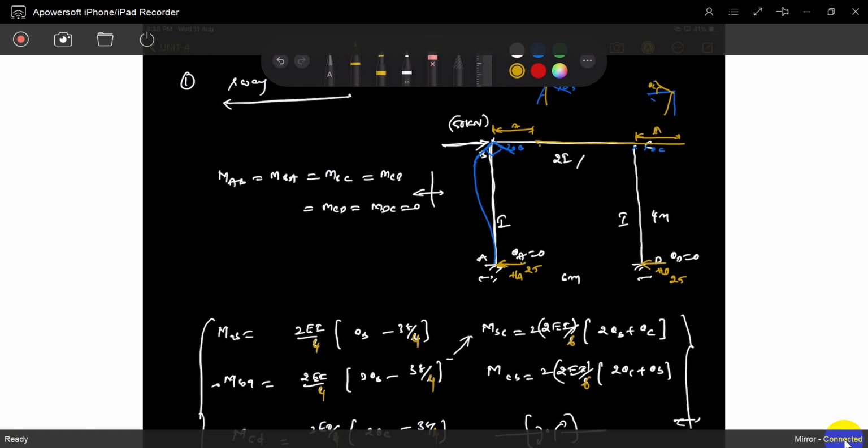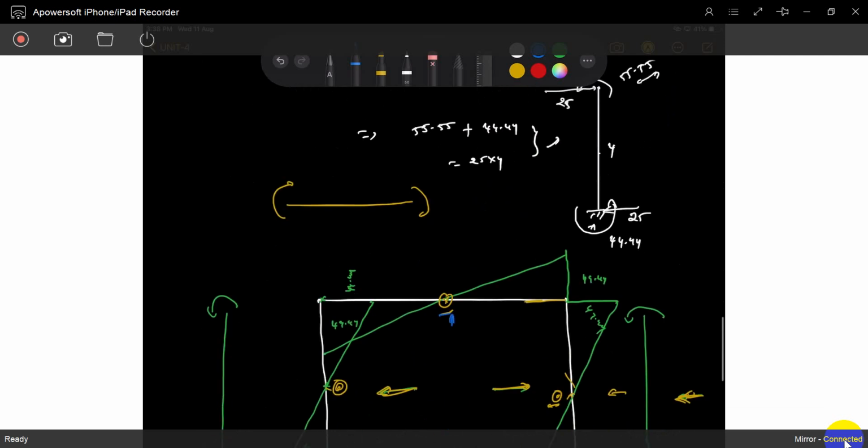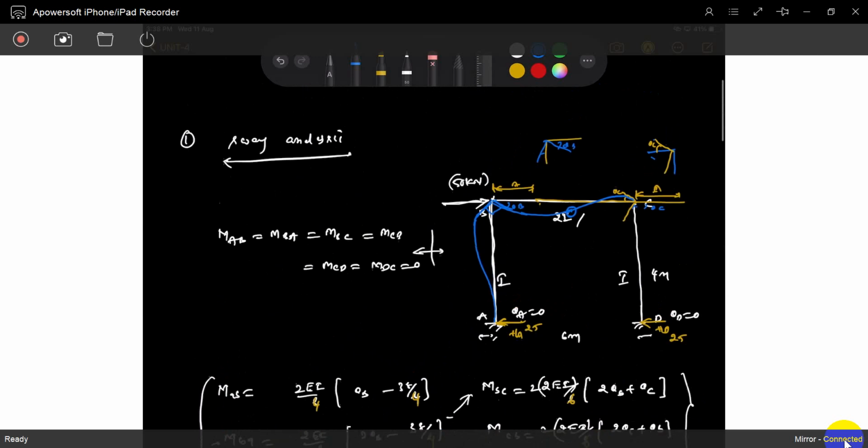So I will write it. It will come like this. It's a clockwise. Now I will join, like this. That's why it has an intermediate, an intermediate kind of curvature. That's the problem.